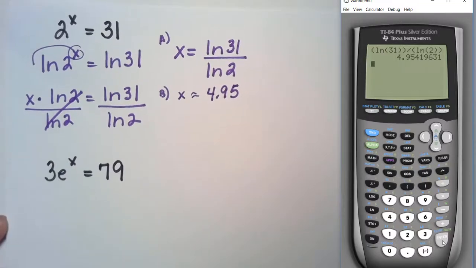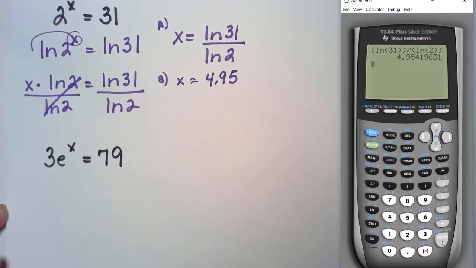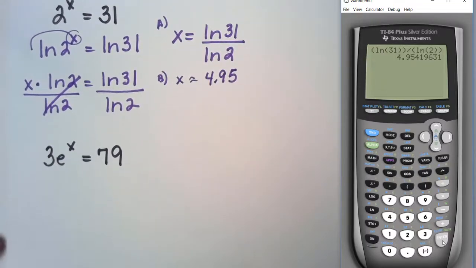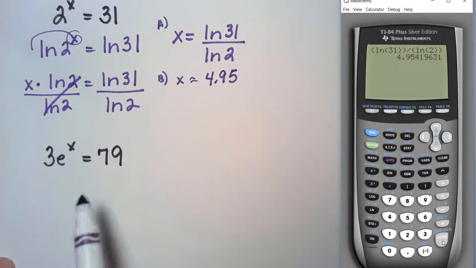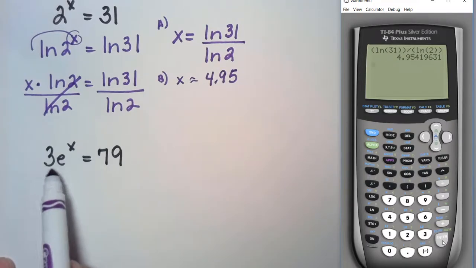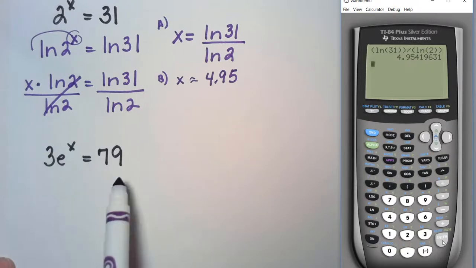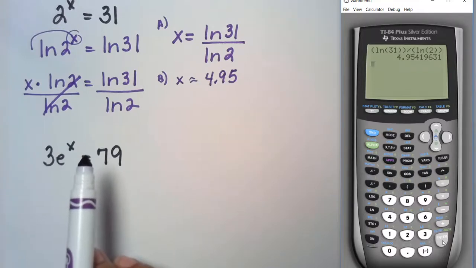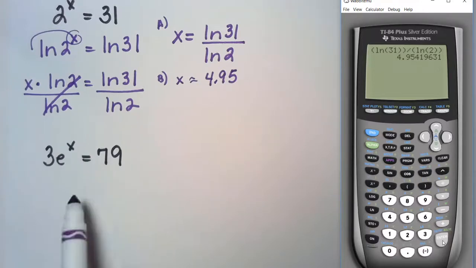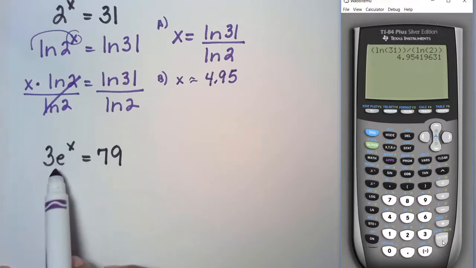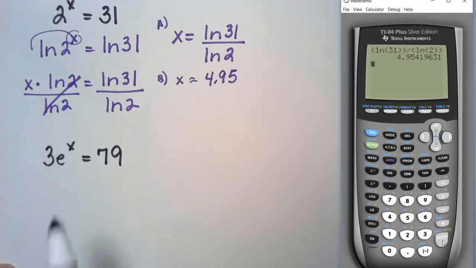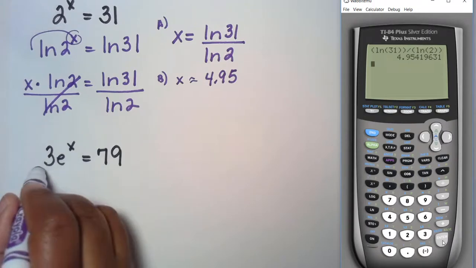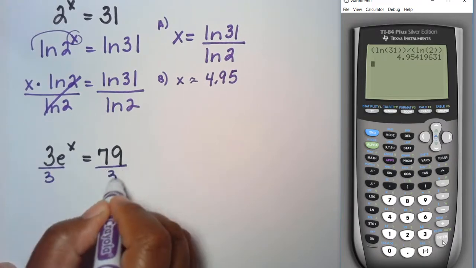All right, our next example. We have 3 times e to the x is equal to 79. One thing that you want to do, you want to isolate the exponential term, meaning I want this e to the x to be by itself on one side. So what we would have to do is take this 3 and divide it on both sides.